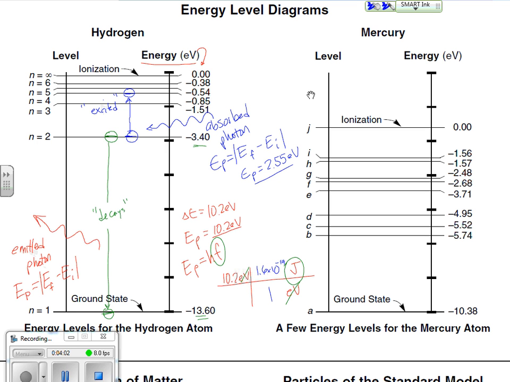We had 2.54. That's not enough energy to get it there. We had 2.56. That's too much. And we don't just take out the 2.55 and leave 0.01 eV of extra energy just hanging around. That doesn't happen. So hydrogen can only emit or absorb very specific energy photons, and therefore very specific frequency photons.